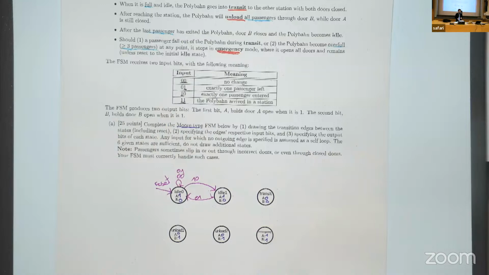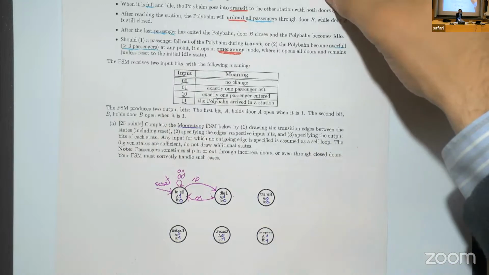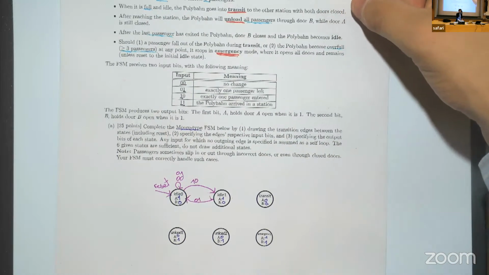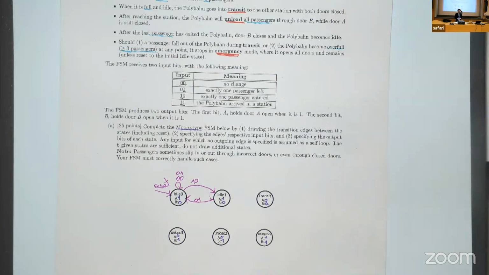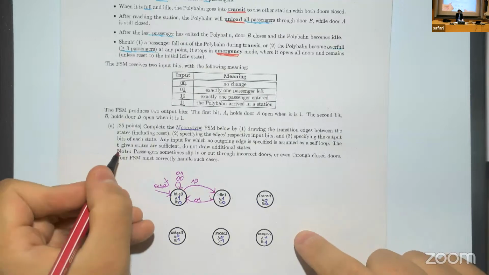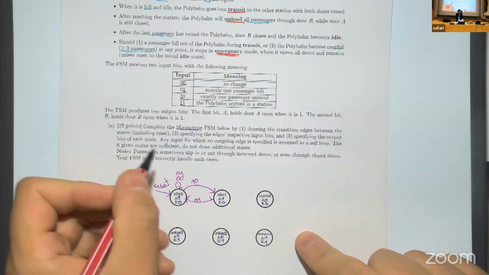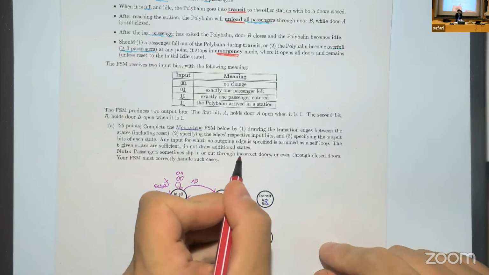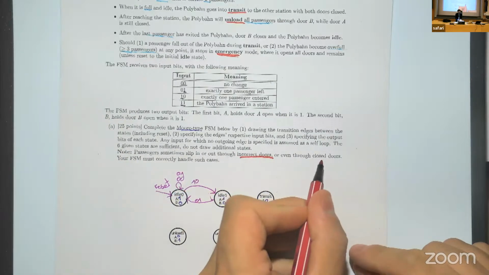Now you could argue that, well, in the question specified, passengers should enter through door A, right? Why did we just have a passenger leave? That should be a nonsense edge as well. But okay, we have this thing down here. So note, passengers sometimes slip through incorrect doors or even through closed doors.